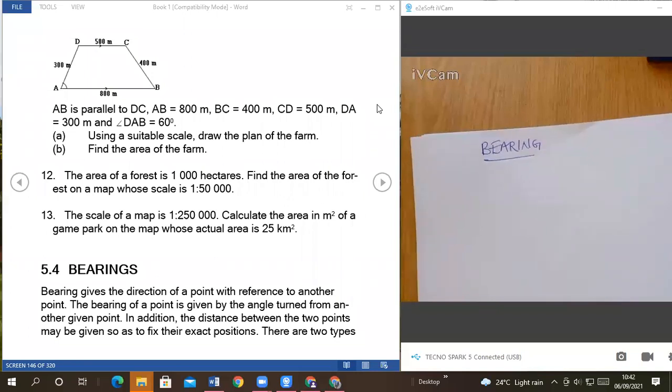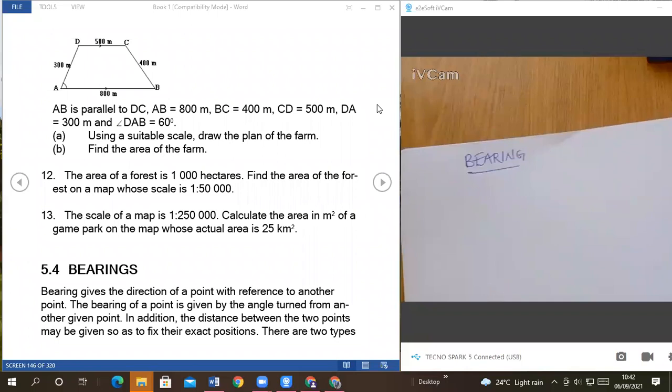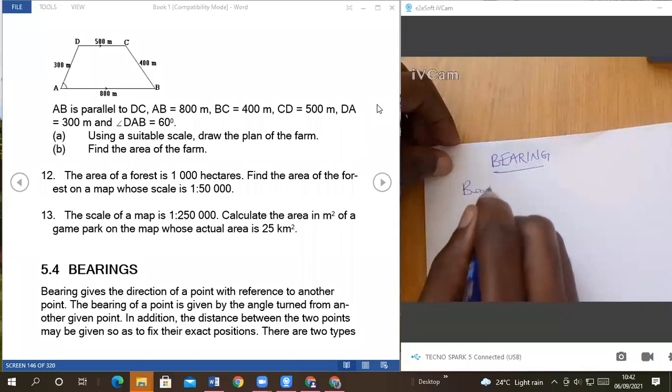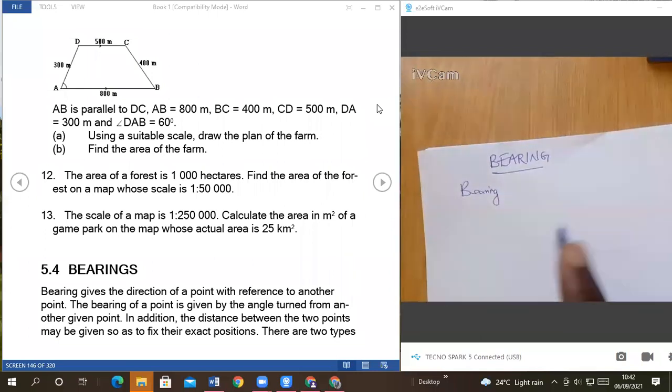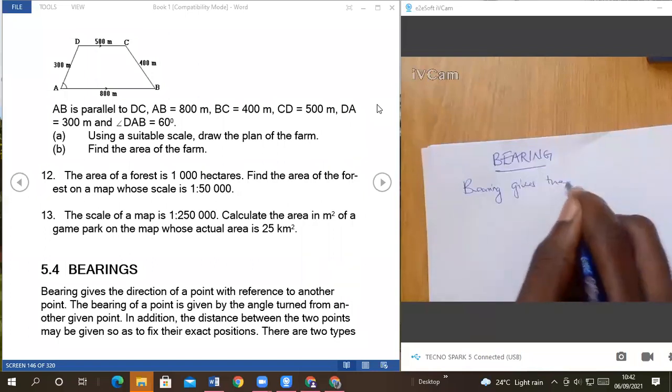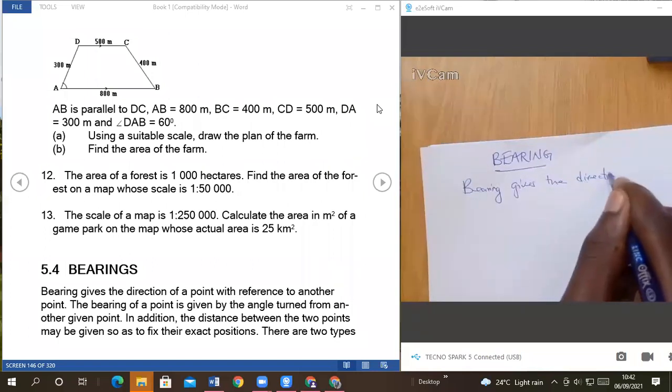We said bearing gives the direction. Bearings give the direction.